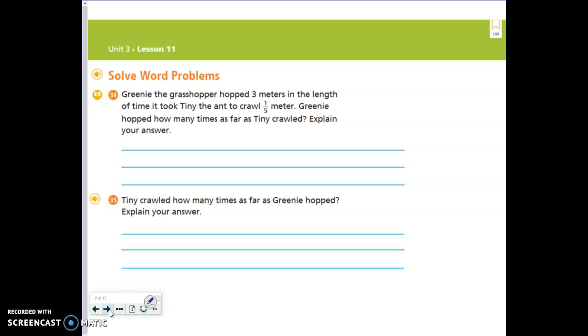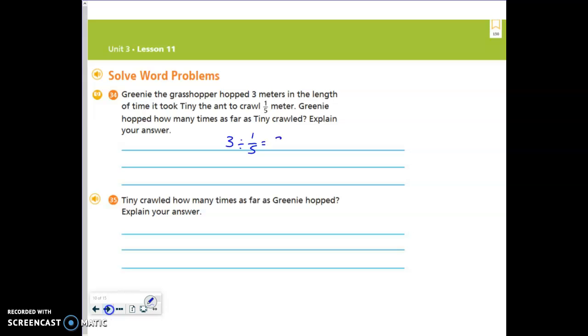Okay, so how are we going to set this problem up here? We are looking at 3 meters divided by the 1/5 that it took for Tiny the ant to crawl, and that will give us the times difference, the how many times larger it is. Well, what is dividing by that fraction going to look like?